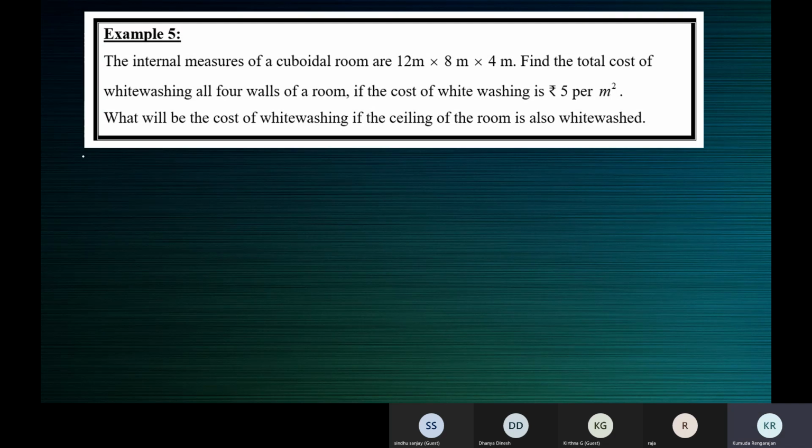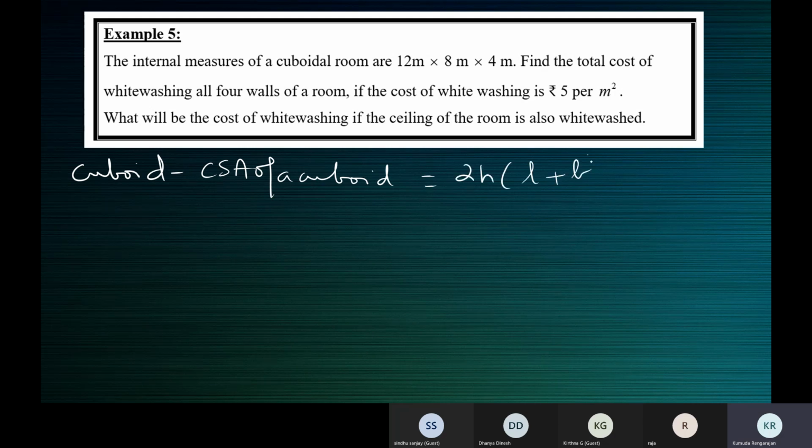Now, when you call it a cuboid, we say the curved surface area of a cuboid, CSA of a cuboid, is equal to 2H into L plus B, because what you just found is the curved surface area of a cuboid. When you look at it as a cuboidal room, you say area of 4 walls.